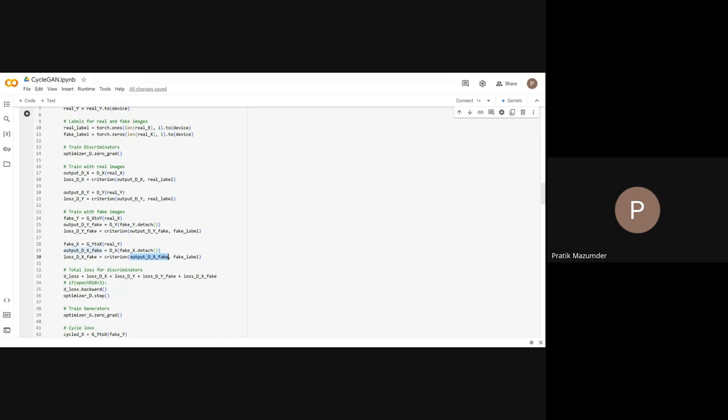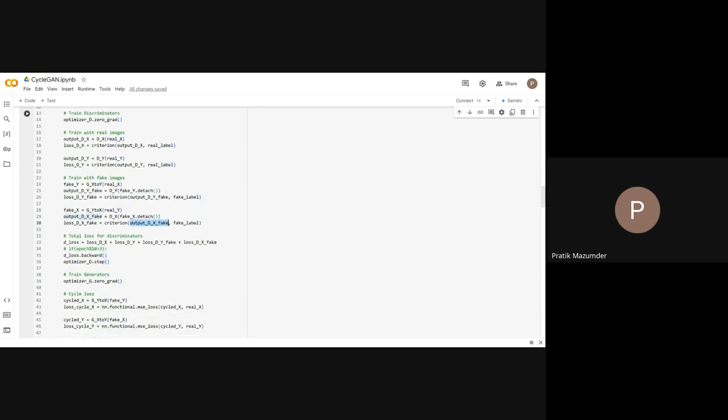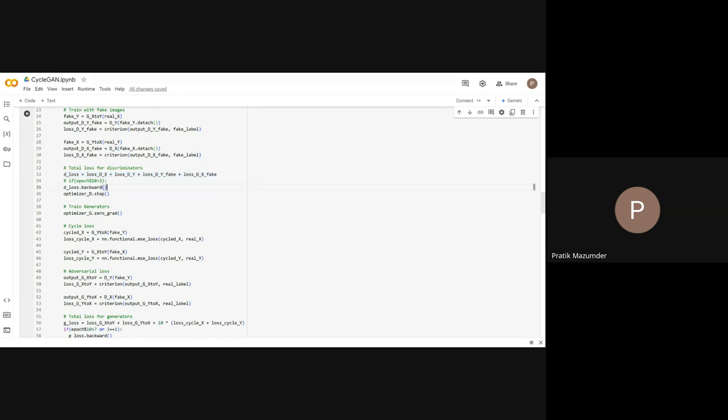If you notice over here, this will be the total loss that you get for your discriminator, which is nothing special, just twice the losses that you used to get, because now you have two discriminators. So you have loss dx real and dx fake, and loss dy real and dy fake. Same thing twice.